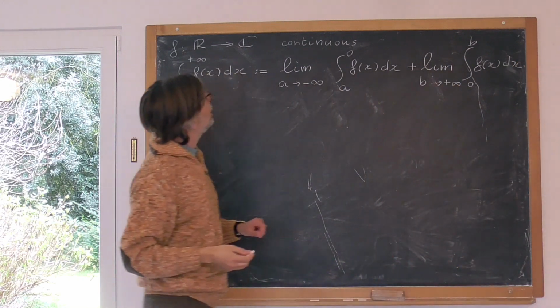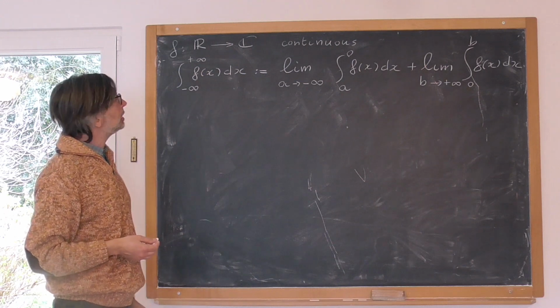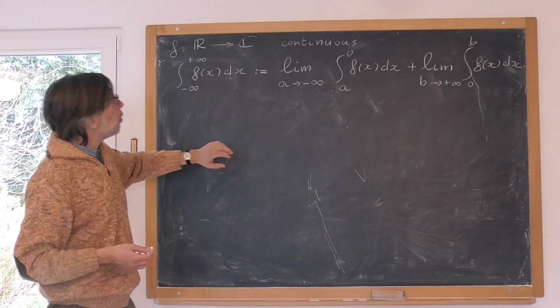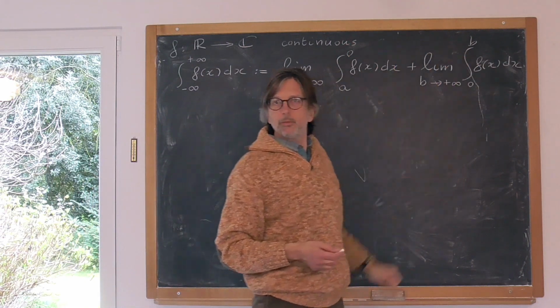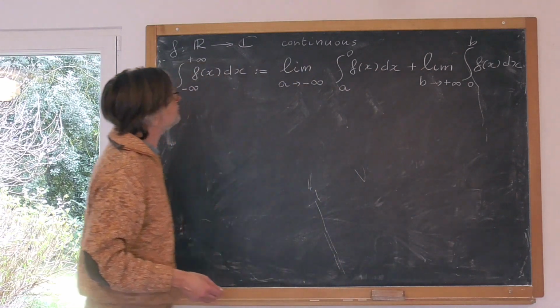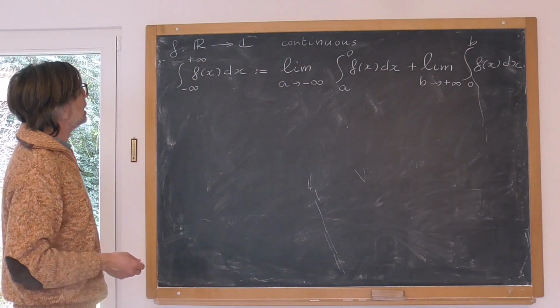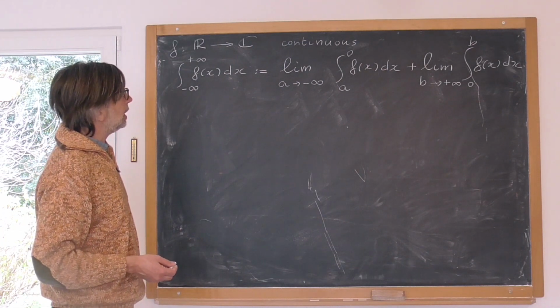More precisely, we say that the function f has an improper integral on R when both these limits exist and are finite, when both these limits converge.